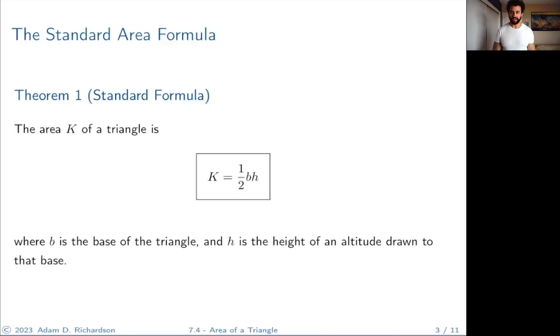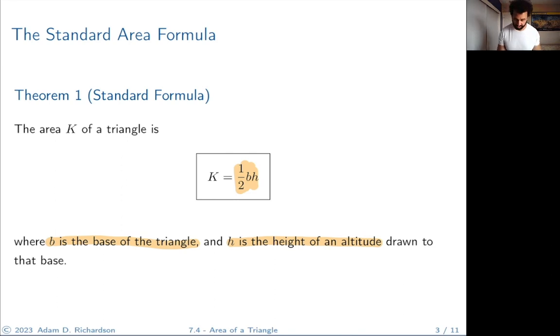So here we go. What is the standard area formula? This is the one I'm assuming you're all familiar with from when you learned it way back in grade school. The area K of a triangle is 1/2 base times height, where b is the base of the triangle and h is the height of an altitude drawn to that base.